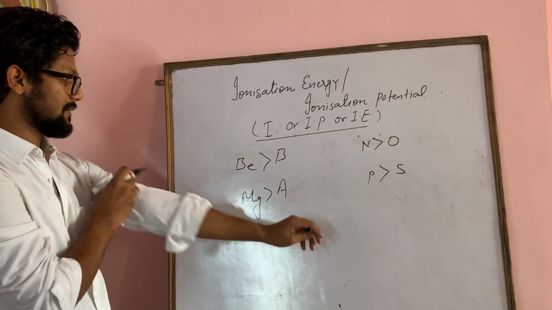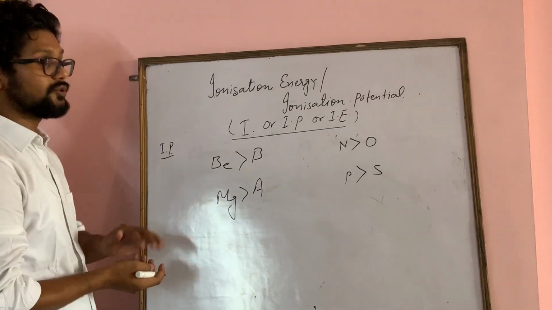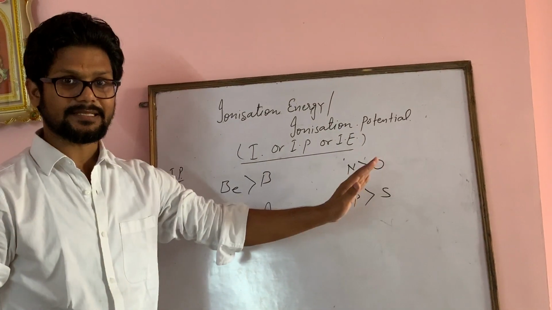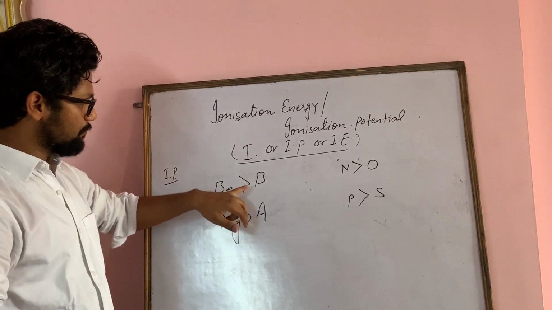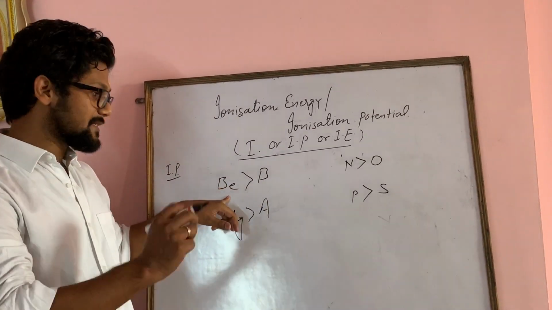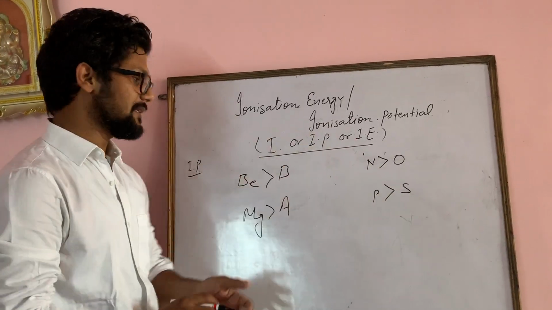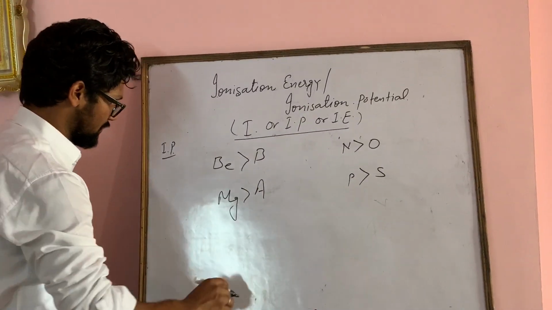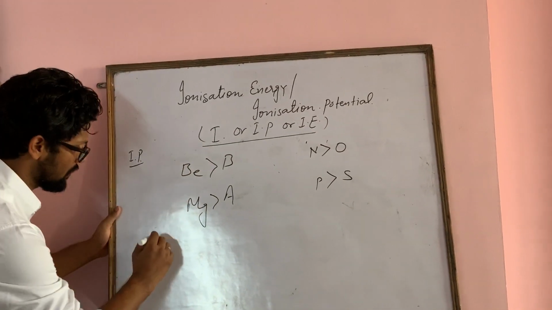What is the reason? Here IP is not following the rule, not following the trends of the periodic table. Here beryllium should be lesser than boron, but we are seeing an exception. The reason is not given in your book, but I am giving here why it is happening.